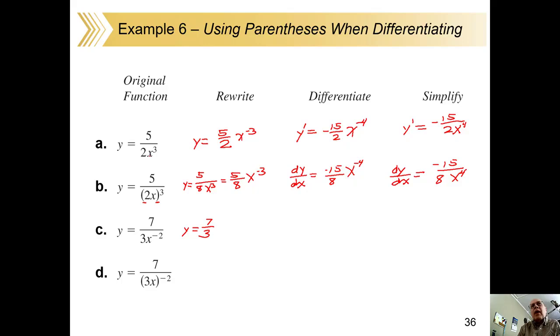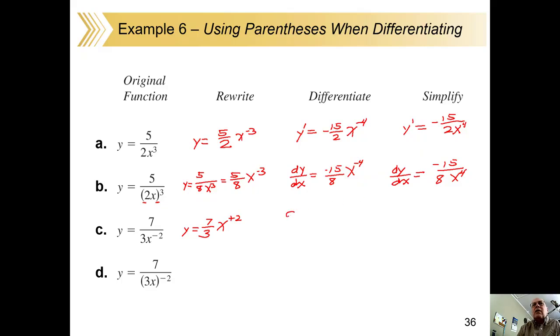When we bring this up to the numerator so that we can use it with the power rule, we change the sign of the exponent. Well, the same works here. Instead of a negative 2, it'd be a positive 2, or just a 2. And it's ready to go.